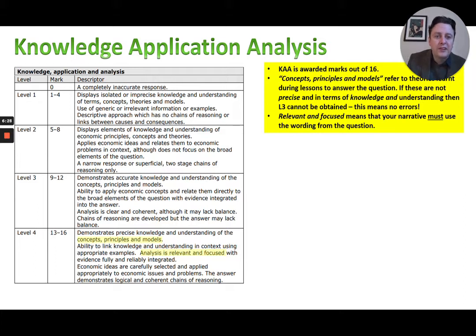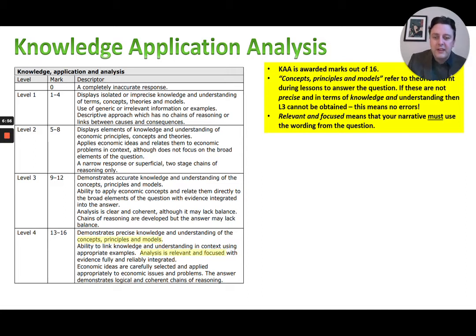So basically you want these to be as precise as possible. You don't want to make any errors here, or with your diagrams. You want them fully labelled, fully titled, and you want to be able to describe them really effectively to get level 3 and level 4. No errors. That's very important.